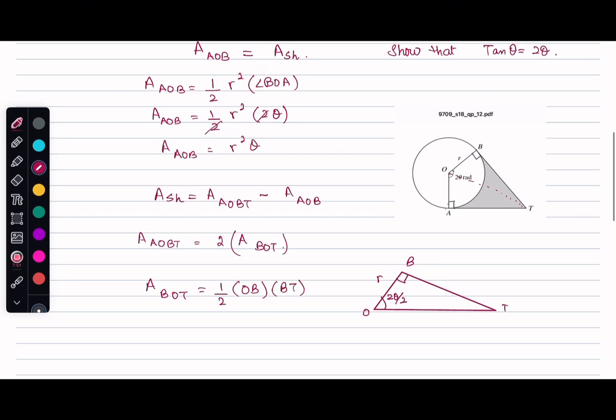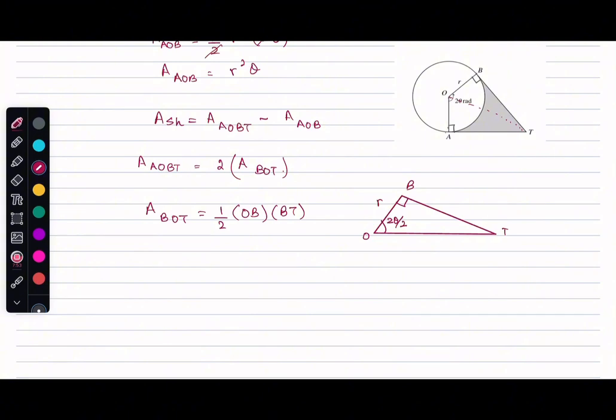So how to get the side length BT? With respect to the theta value here, OB is going to be the adjacent, and BT is going to be the opposite. Therefore, I can see here that it's representing tan theta, which shall be equal to BT over OB.